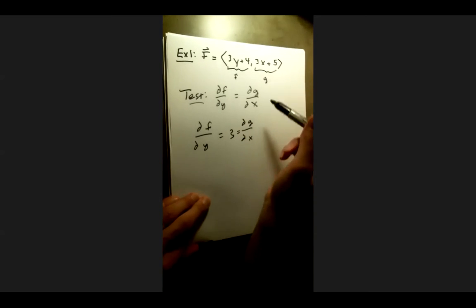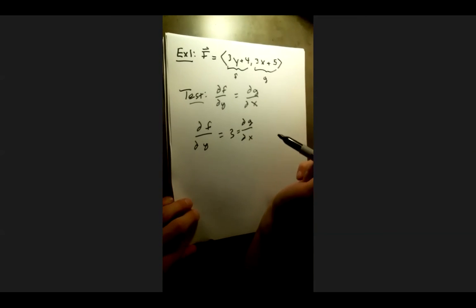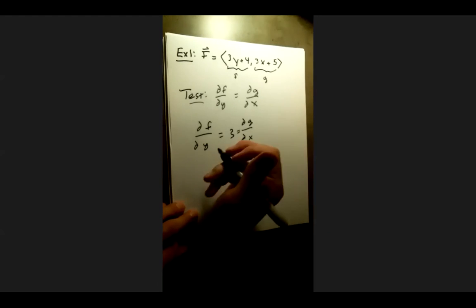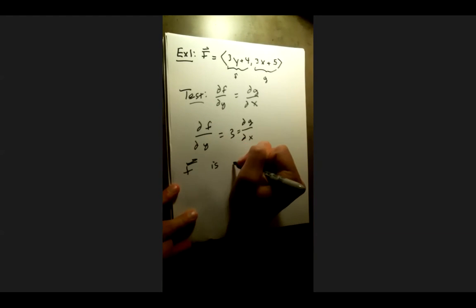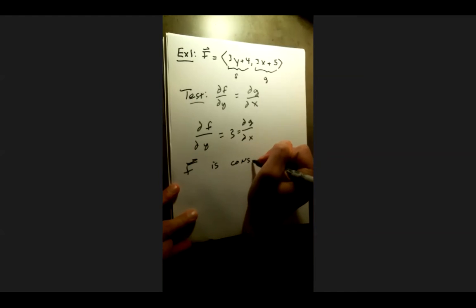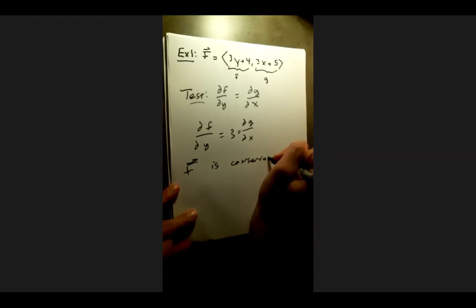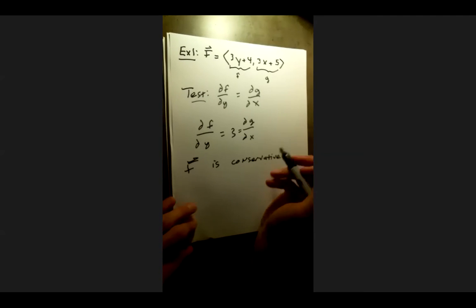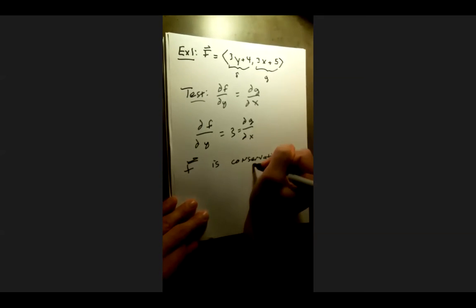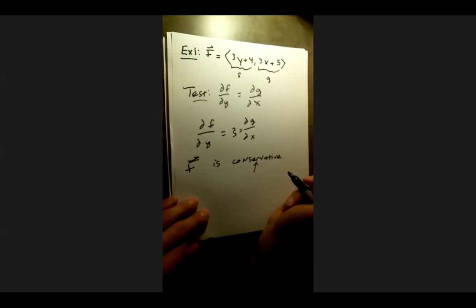So what can we conclude from that? It's a conservative vector field? Yeah, exactly. So F is conservative. Great. What does it mean to be conservative? What would be another way of saying conservative? It means that F is a what?